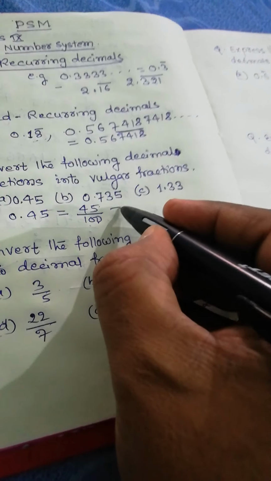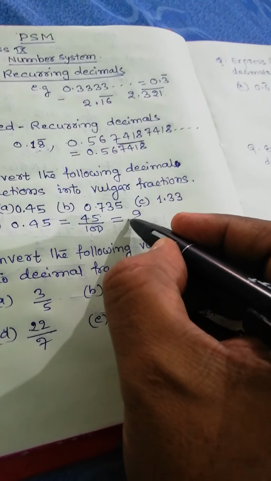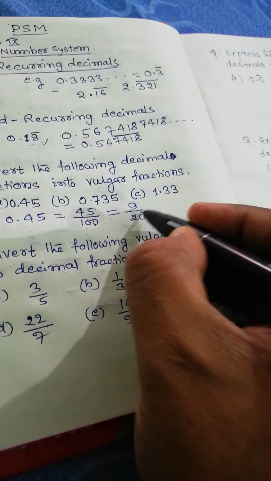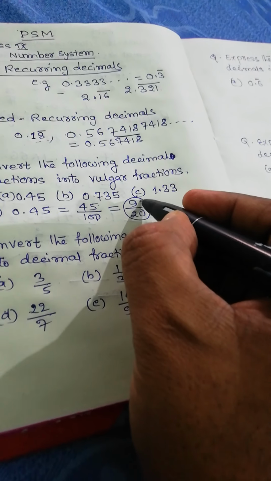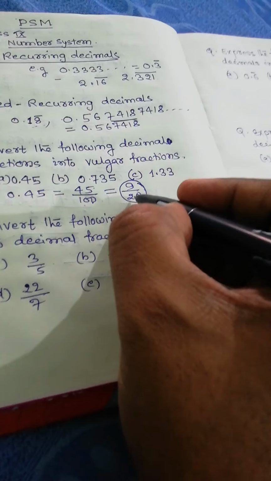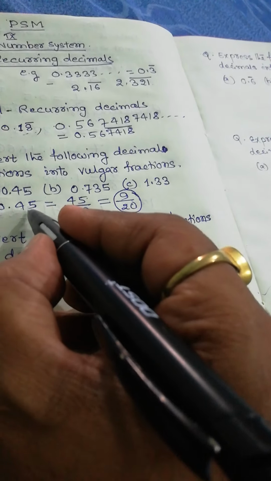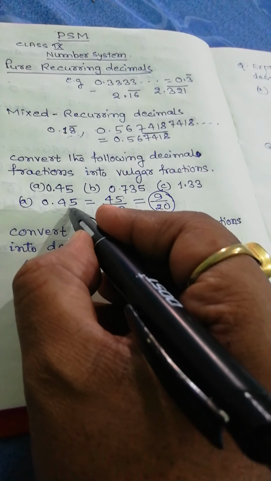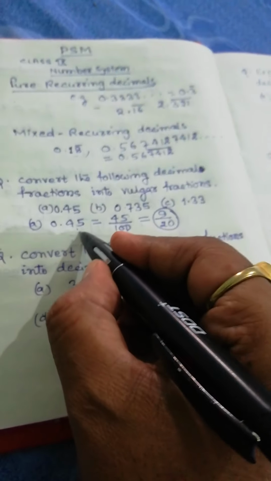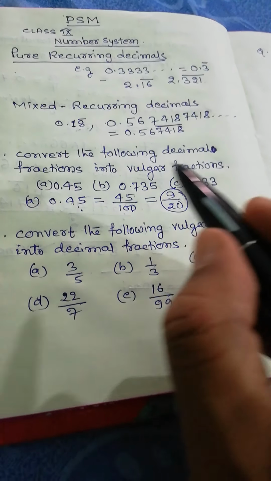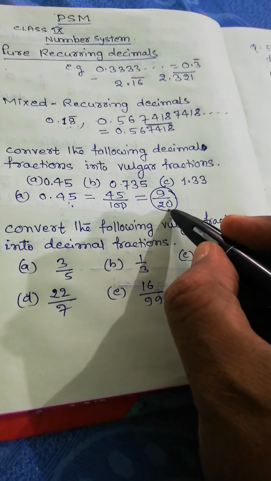And this can also be expressed as 9 by 20. So 9 by 20 is the vulgar fraction, whereas 0.45 is the decimal fraction.